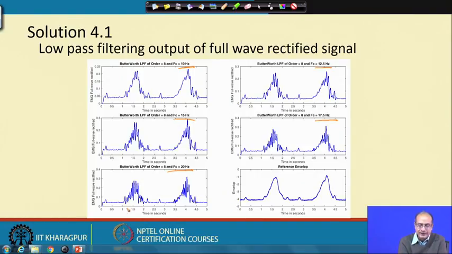Though at higher frequency the changes occurring in the reference envelope are reflected in a better way, the amount of ripple in the output does not make it a good representation of the envelope.